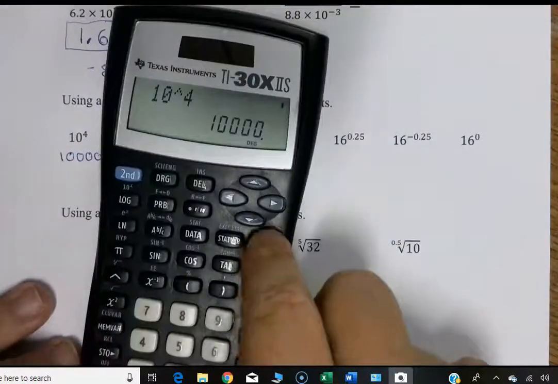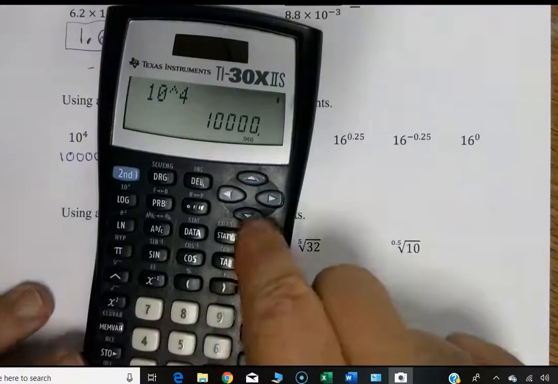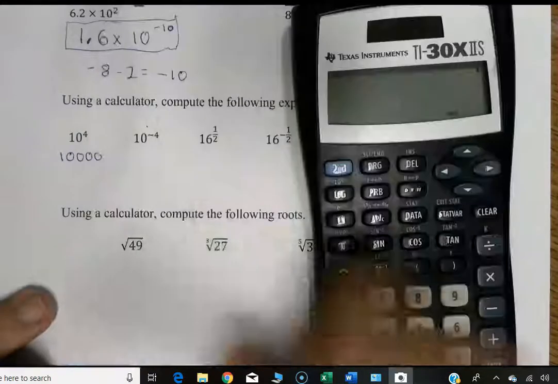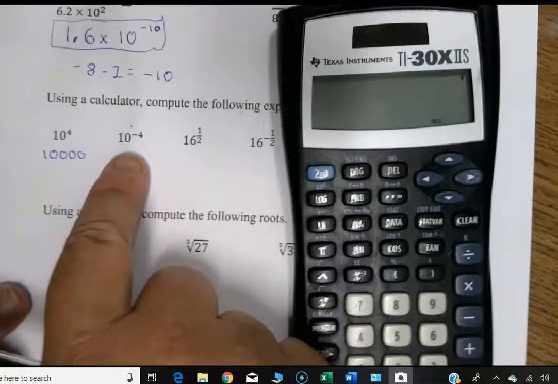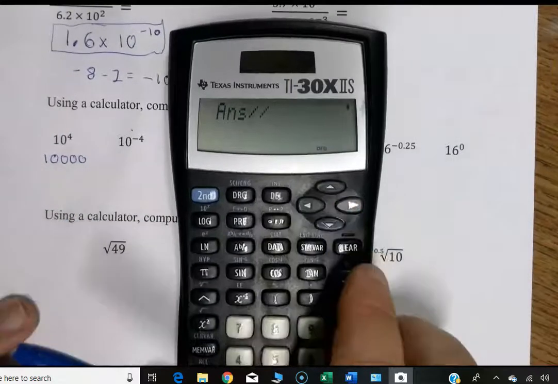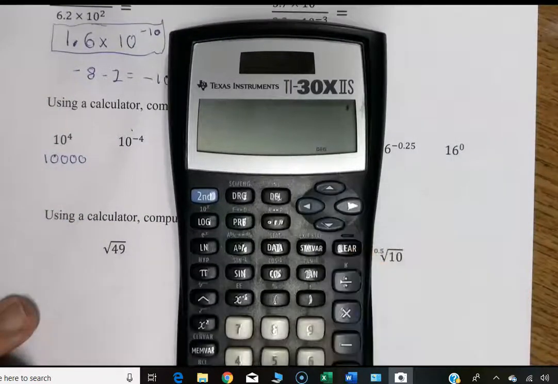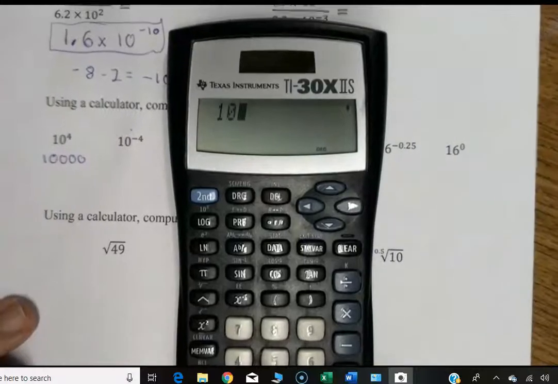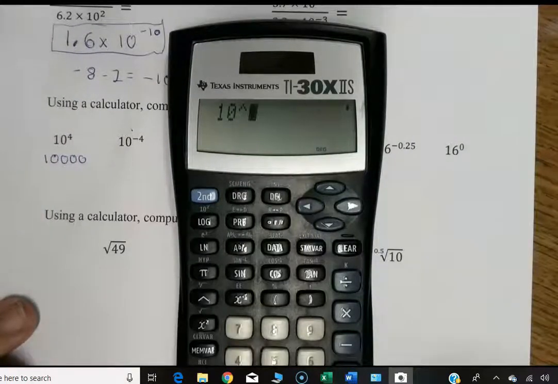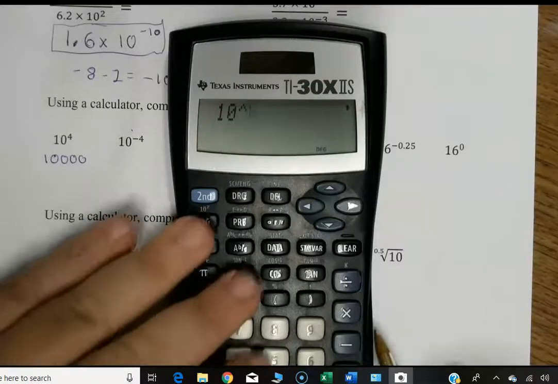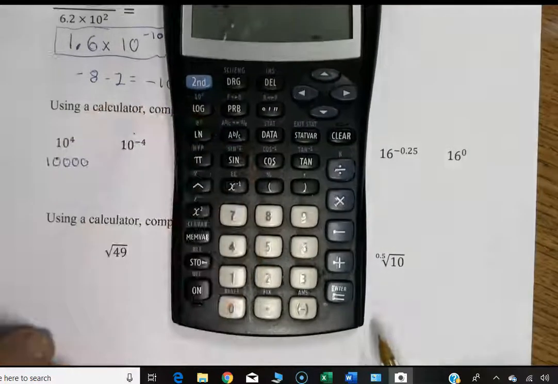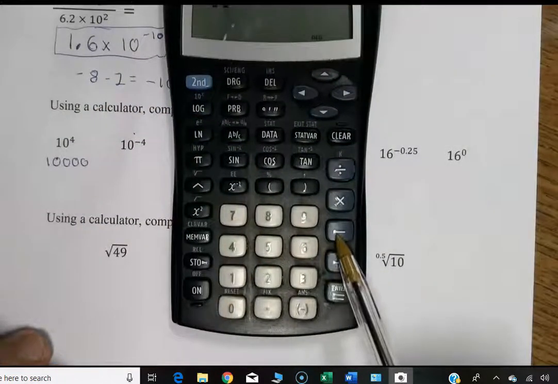Okay. Go ahead and do the next one. You have 10 to the negative 4th. Let's see if I can show these both at the same time. Let me clear that. Okay, so 10, caret. Now be careful. You don't use the minus sign to show a negative number.